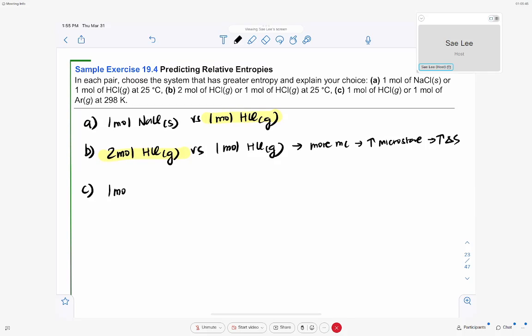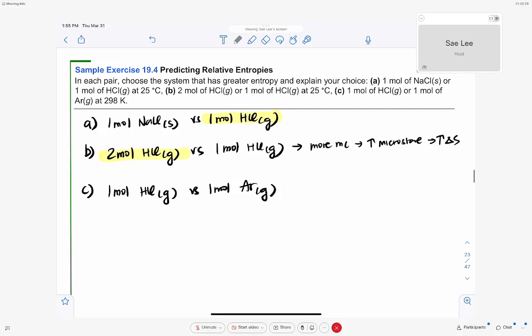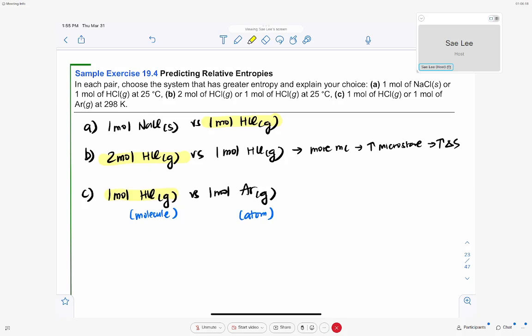C, you have 1 mole of hydrochloric acid gas versus 1 mole of argon gas. HCl is a molecule, but argon is not a molecule, it is an atom. So between a molecule and an atom, the molecule will have higher entropy.